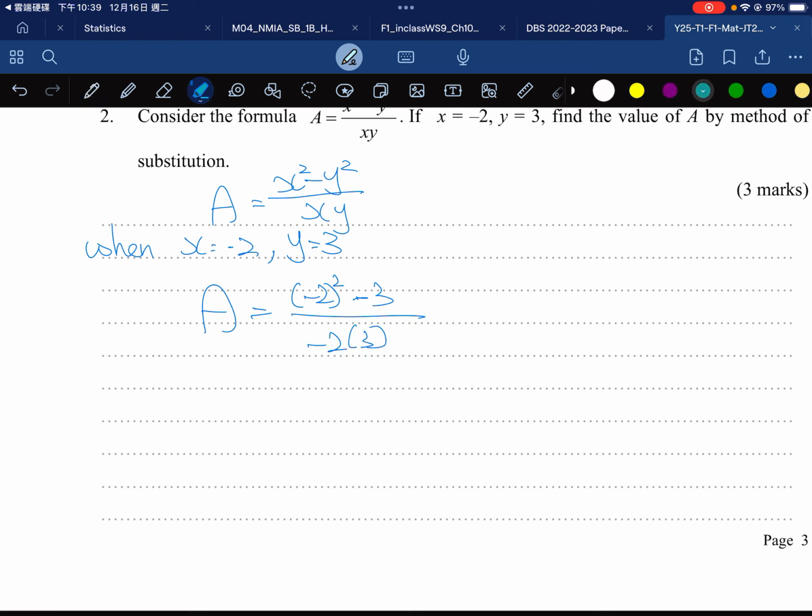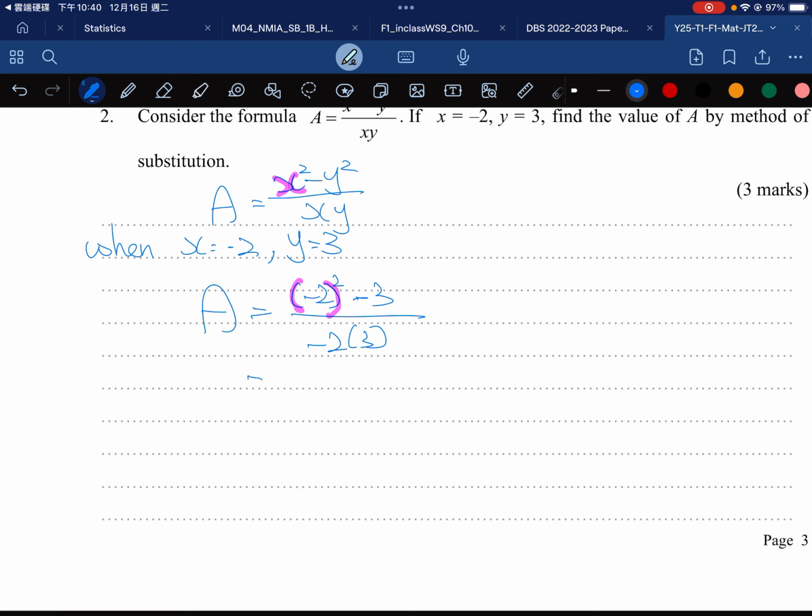Most of you make a mistake here. They forgot about the brackets. The number is minus 2 for x, but the square is acting on the whole number, no matter whether x is positive or negative.